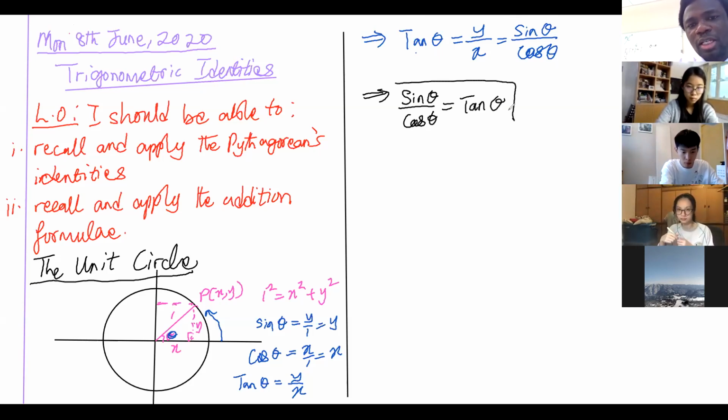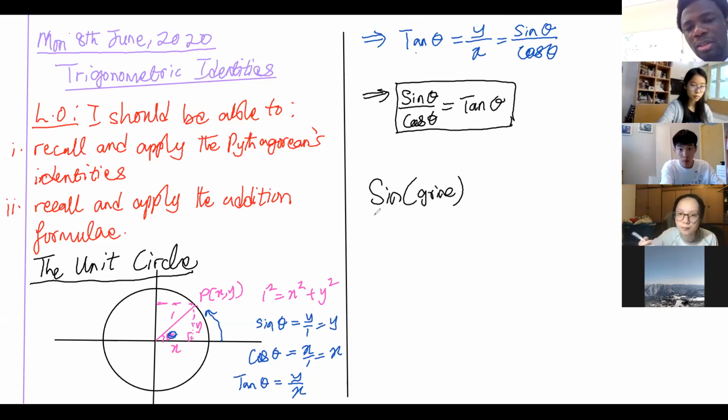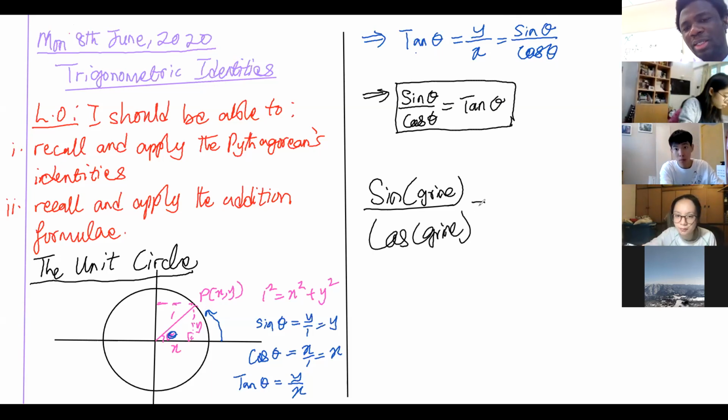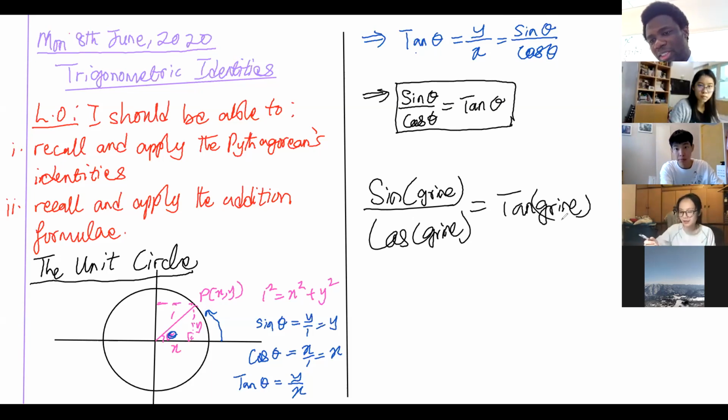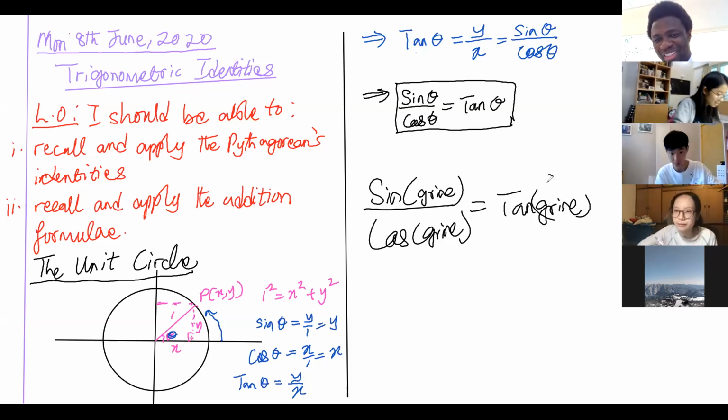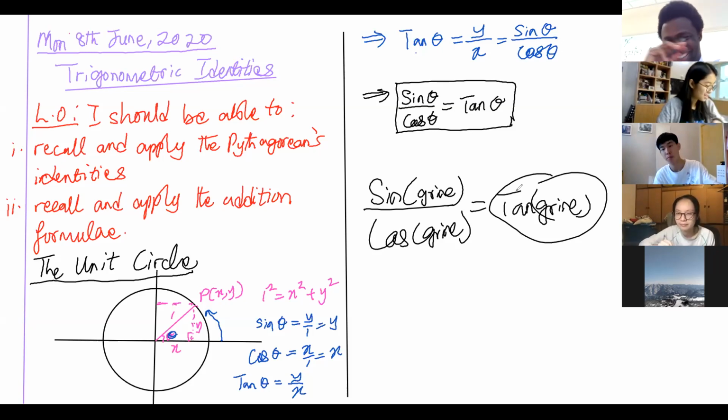I'm sure you have seen a joke online. Somebody wrote sine drain divided by cos drain. What would that be? Tangerine. You know the tangerine? That's a very sweet orange that people eat. So somebody then put the picture of a tangerine here. People make all sorts of jokes.